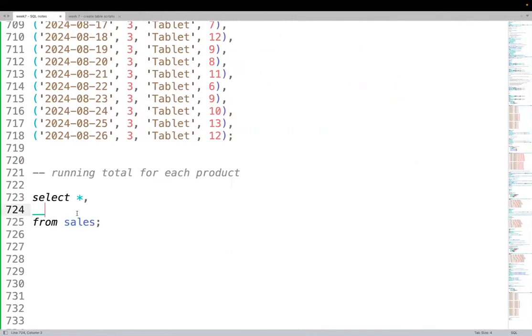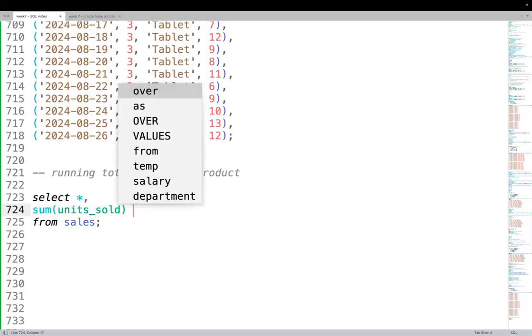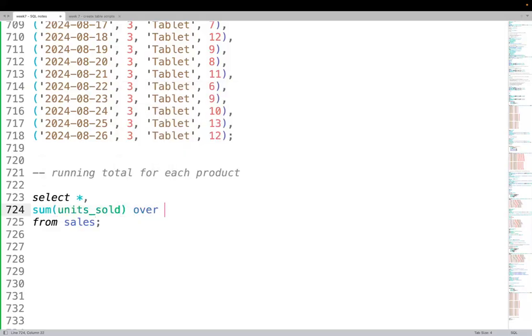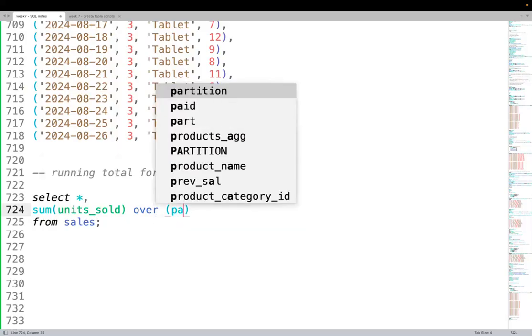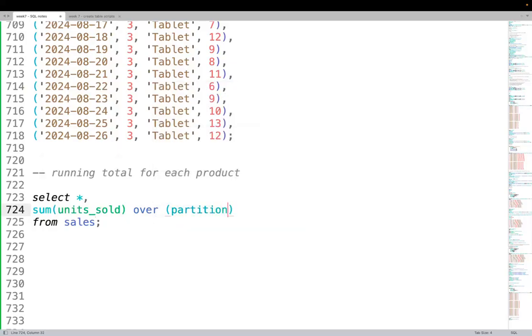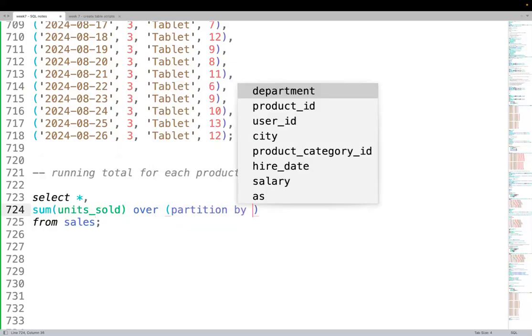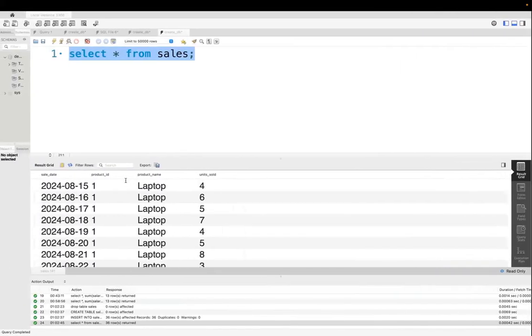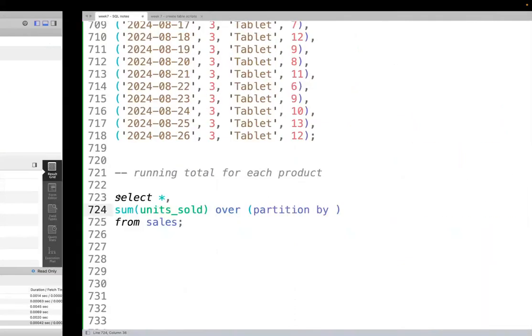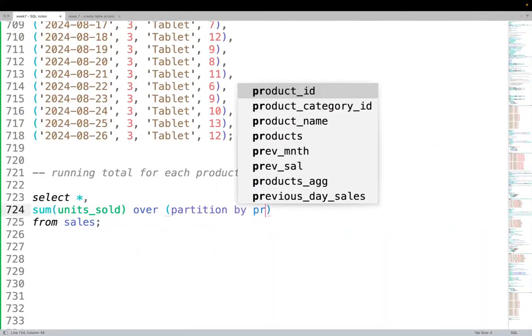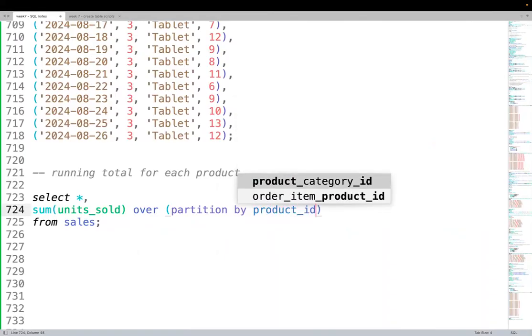I'll just show you that. So sum of units sold over, partition by, what was it? Partition by product ID. I could have done product name also, but fine, product ID.